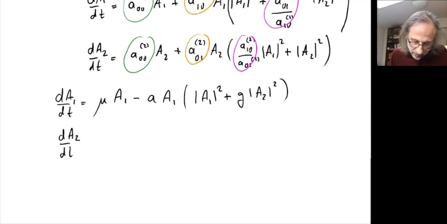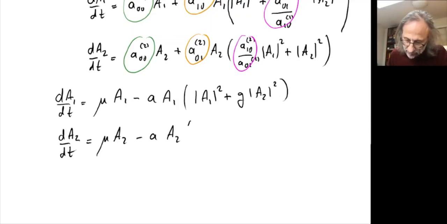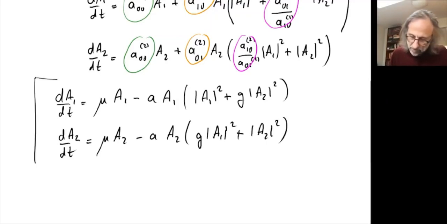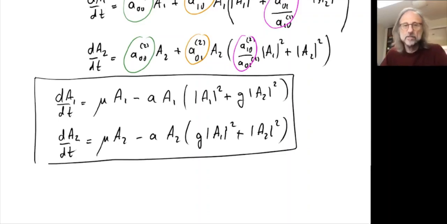Okay, and so for A2 we have a very similar equation, which looks like G A1 squared plus A2 squared. So we know that what we need to calculate, if we really wanted to know specific results for a specific system, like for our PDE, we have to calculate three coefficients, G, A, and mu.